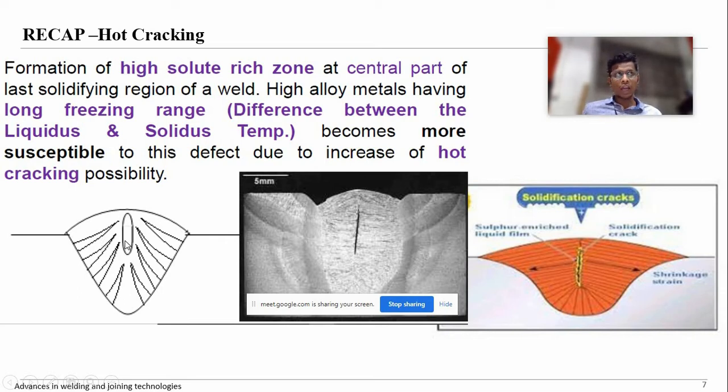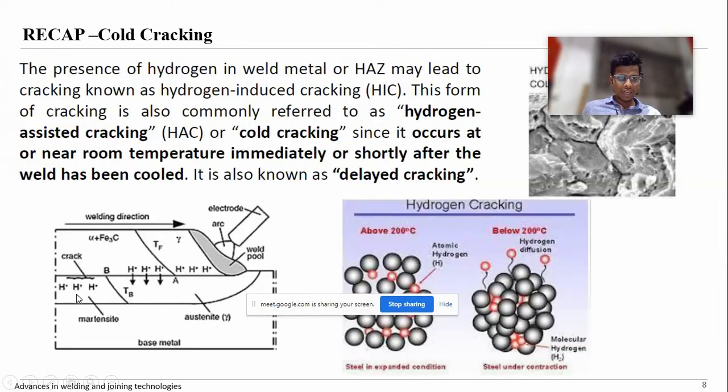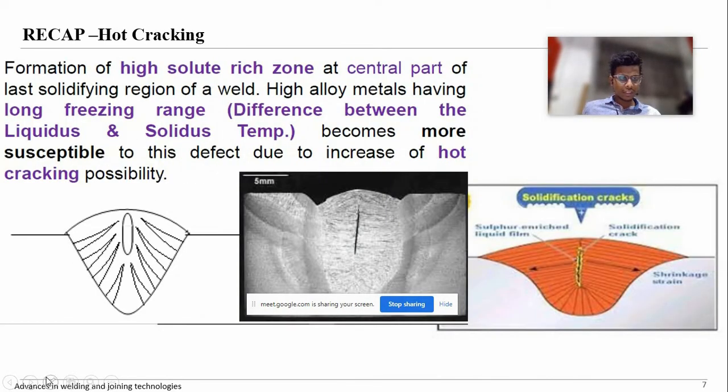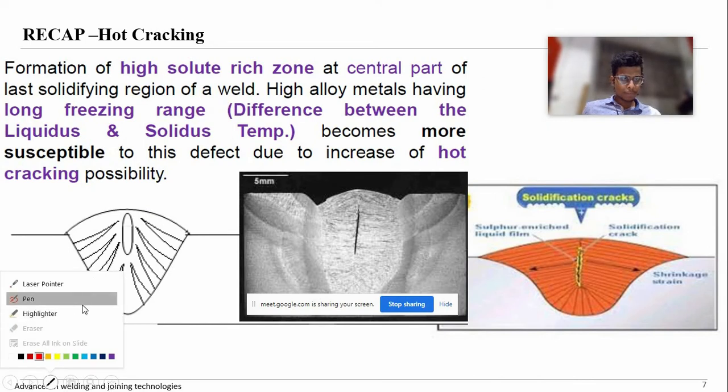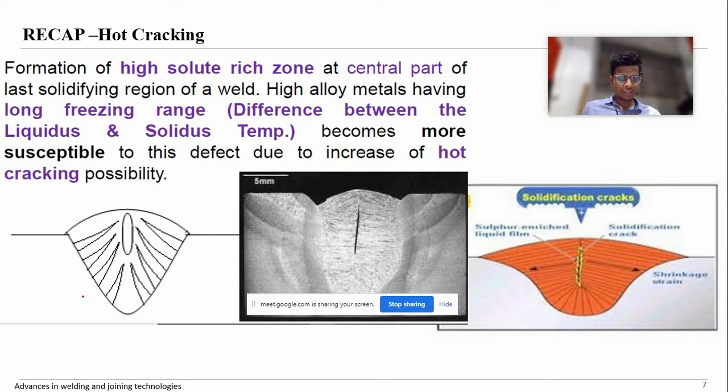Solidification is always in the direction of the temperature gradient, with the highest temperature gradient in the opposite direction. So the temperature gradient is increasing in this direction, and the growth will be opposite to that.